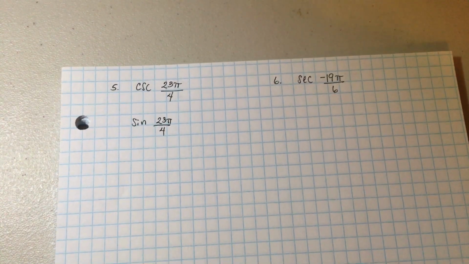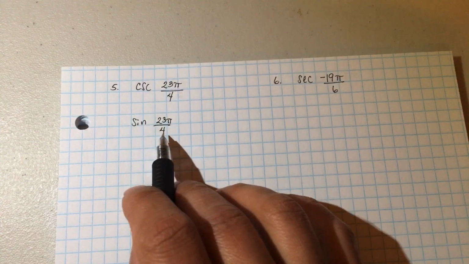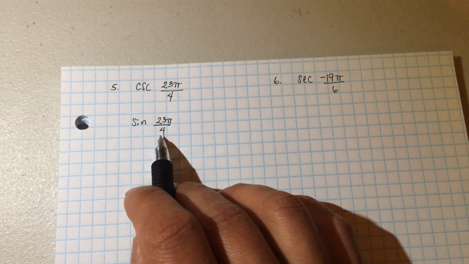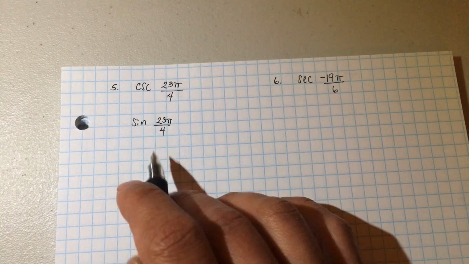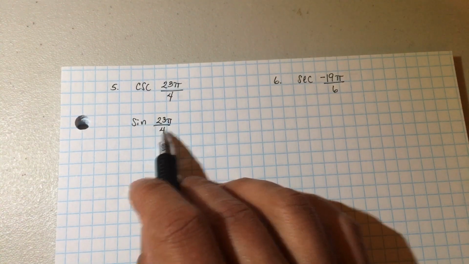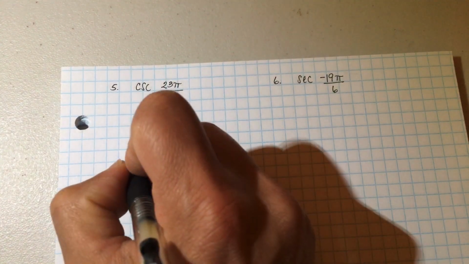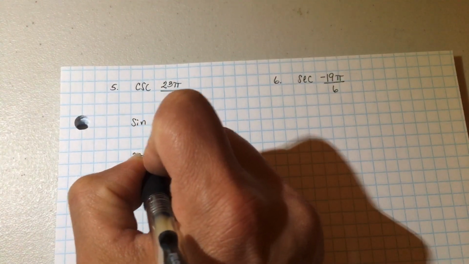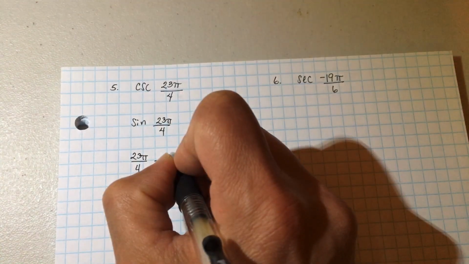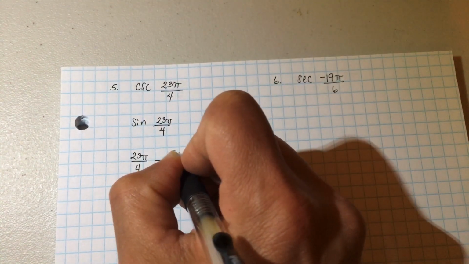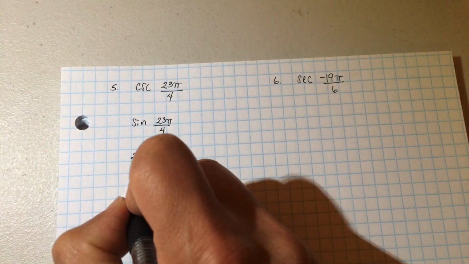All right. How many times is 4 going into 23? We want to bring it back because this is too big. Well, let's see. That'll be 5. If I do 5, I'll get close to it. If I do 6, that'll be too much. So we're going to subtract 5 times 4, which is 20.